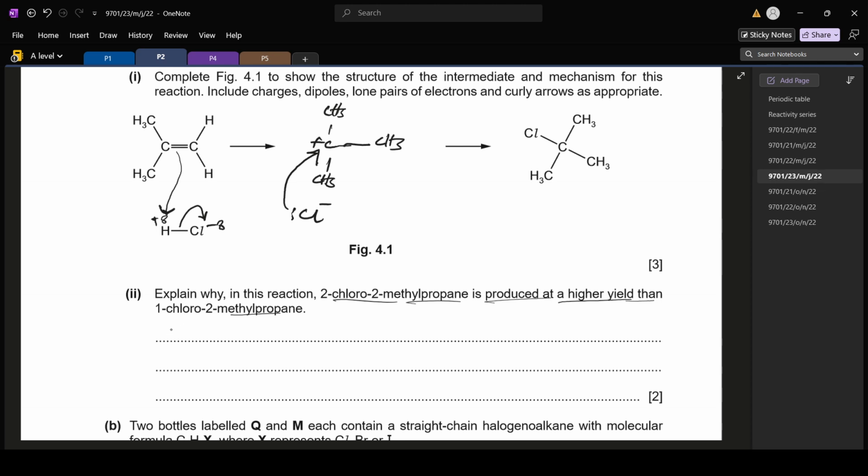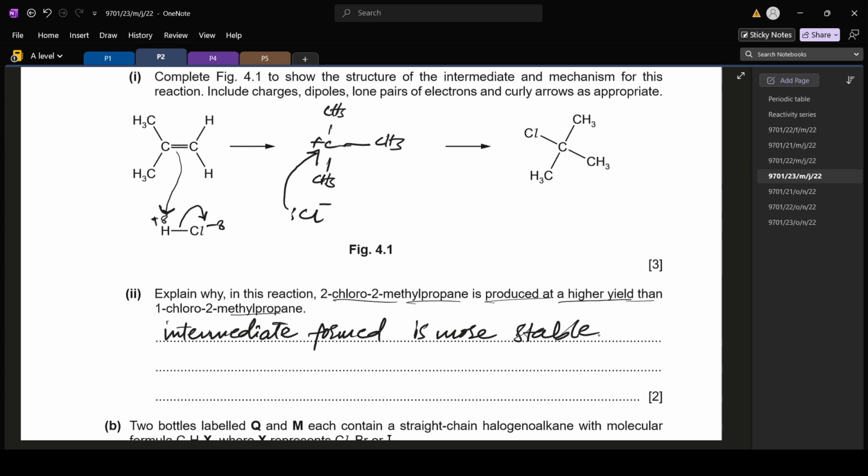So what is the reason? The intermediate formed is more stable. And why more stable?